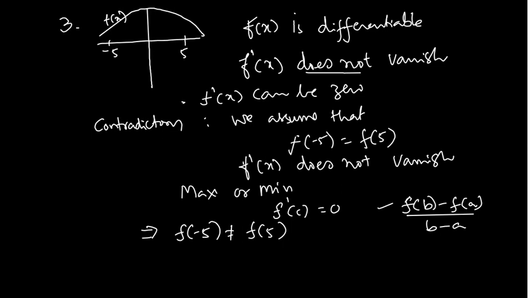Okay. Fourth question. Verify the mean value theorem if f of x equal to x squared minus 4x minus 3. What is the mean value theorem? It says f dash c should be equal to f of b minus f of a divided by b minus a. So a is 1 and b is 4.